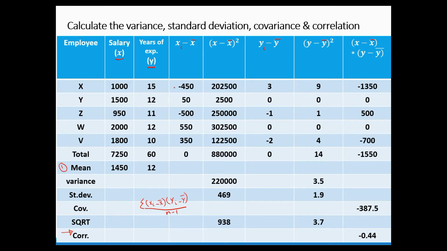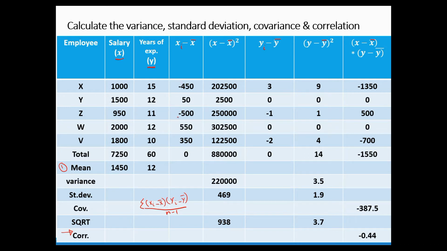We continue with each observation. 1,500 minus 1,450, we get positive 50, and negative 500, 550, 350.